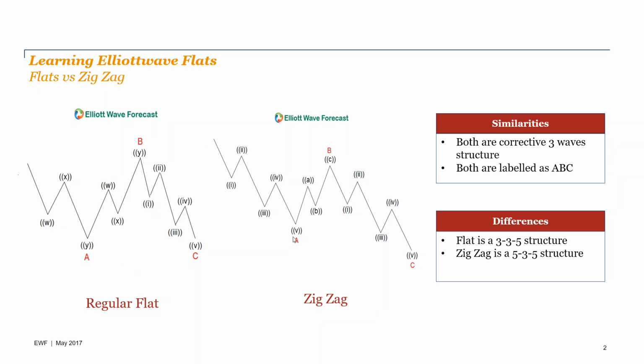Now, what is the requirement of a zigzag? The internal of the A must be in 5. So if you label this as an A, you must have 5 waves here, and you must have 5 waves here if you want to label this as an ABC. Correct, 5-3-5. So if you do not find 5 waves here, and instead you only find 3 here and 3 here, then you label this as a WXY.